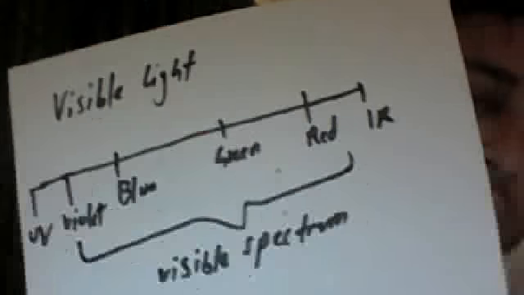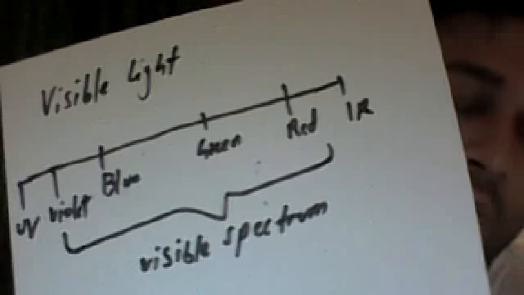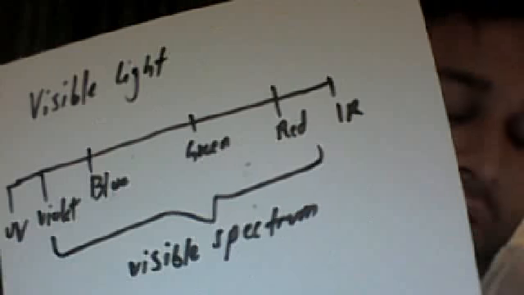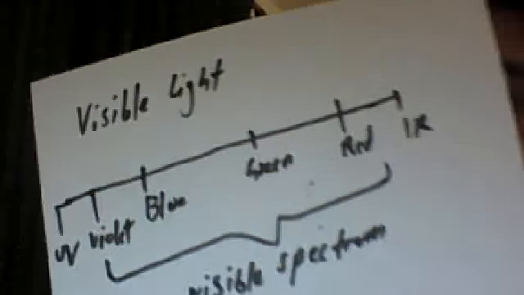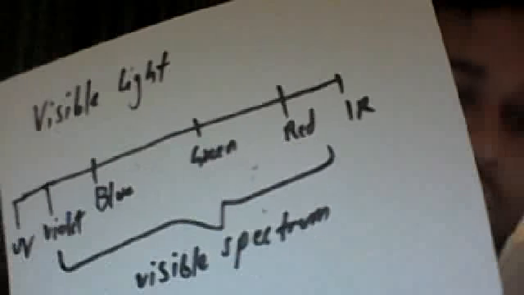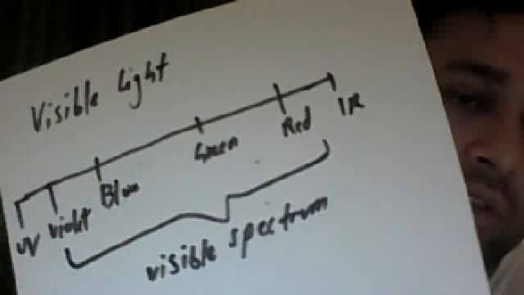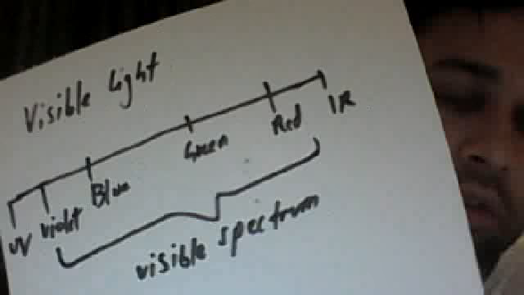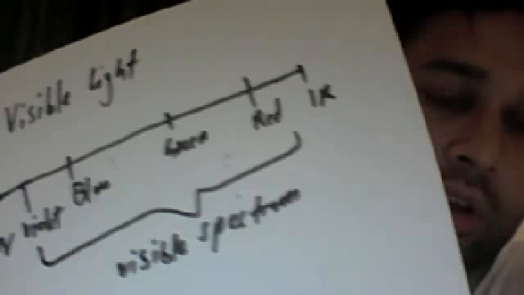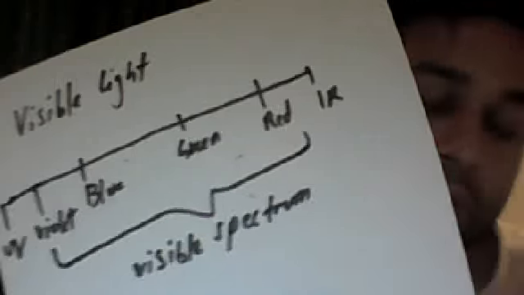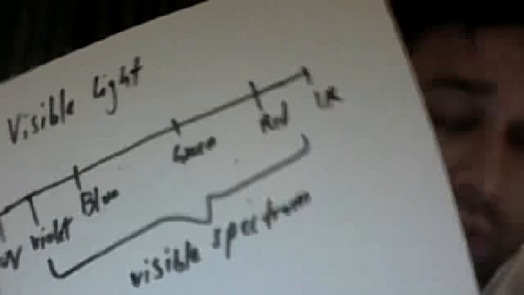So we were talking about visible light before. Visible light is a section of all radiation. There's a spectrum of radiation which covers everything from cosmic rays to UV rays to microwaves to radio waves and so forth. The visible spectrum is really just one area of that entire spectrum, and we call it the visible spectrum because we see it.